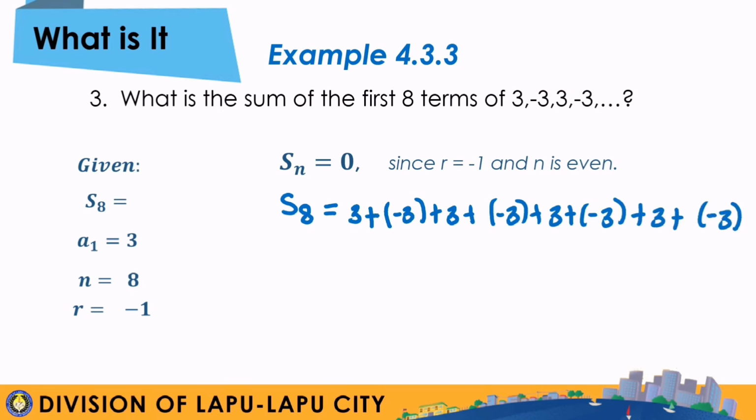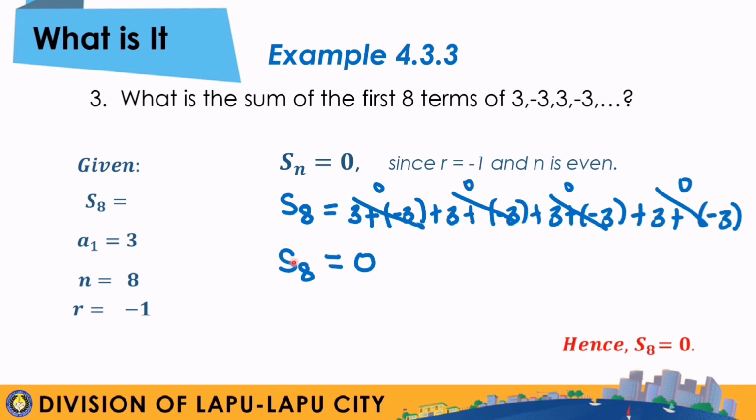And then let's do the operation. This will give you 0, this is 0, this is 0, and this is 0. So that's it. Our sum is 0. So again, remember that if your common ratio is negative and your number of terms is even, then the sum is 0.